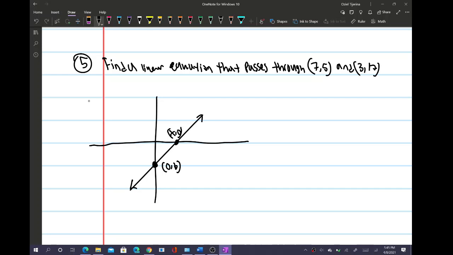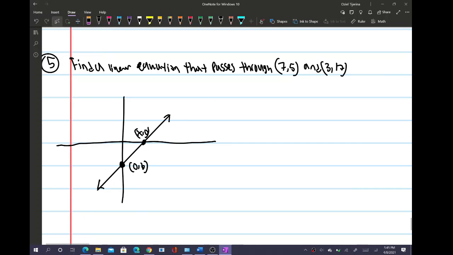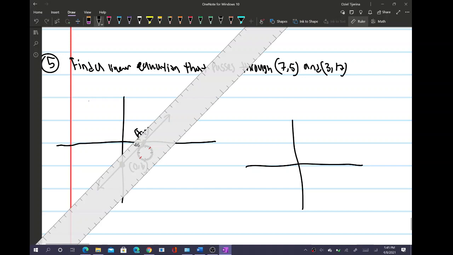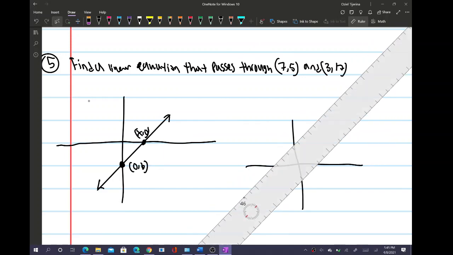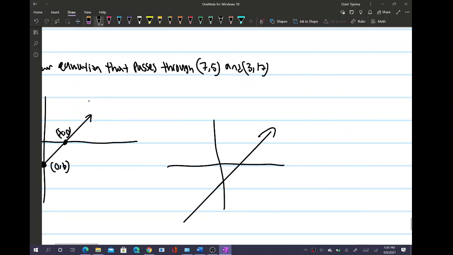And the slope, so there's another way to do this. If I just do a quick sketch, let's say we have x1, y1, and then x2, y2, right?